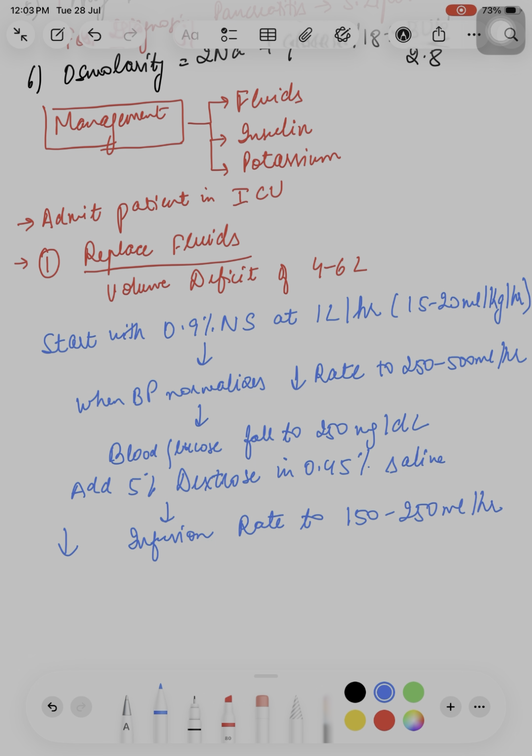So the infusion rate is further decreased. Starting with 2 bottles of fluid, you are decreasing the infusion. Then you have to look at sodium. If sodium is more than the normal value, that is more than 135, you have to replace 0.9% NS with 0.45% NS, that is N/2, and if it is normal, you can continue with 0.9% NaCl, right? So this is the fluid part.